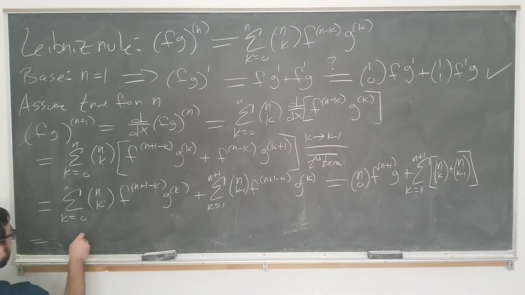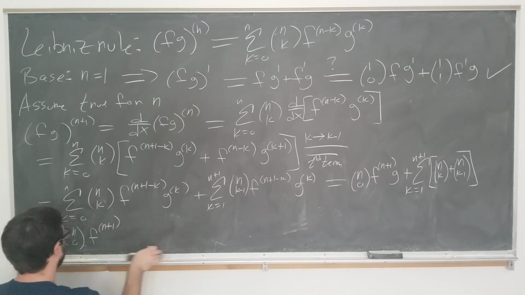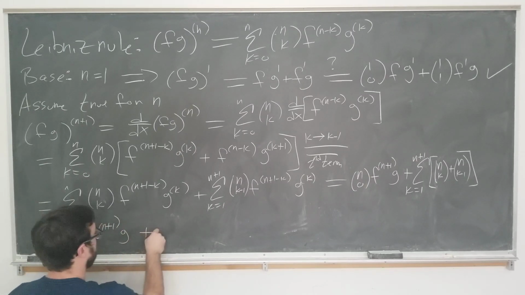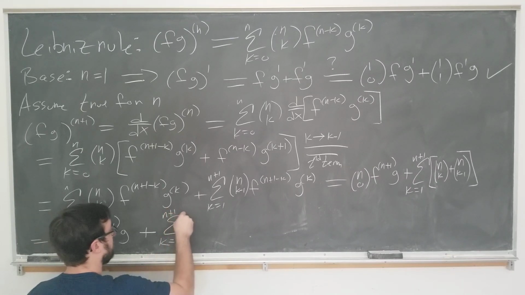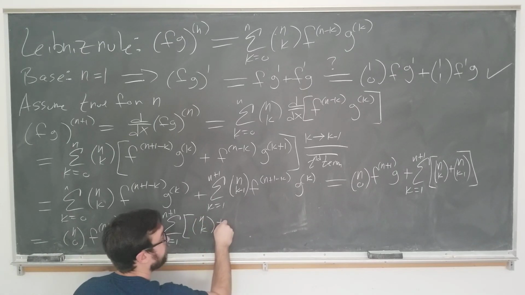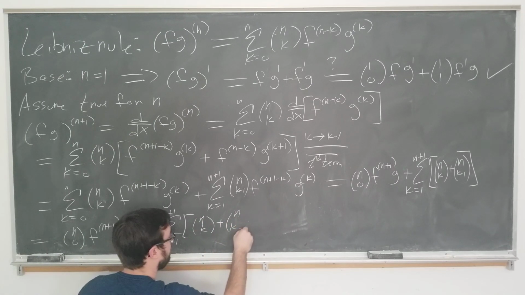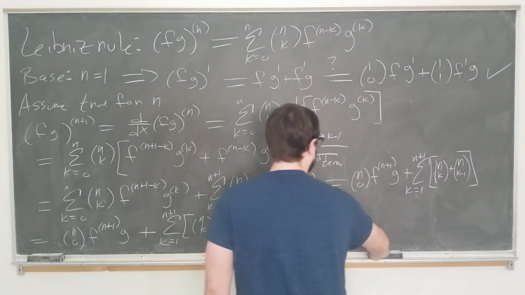Okay. n choose 0, f of n plus 1, g, plus the sum k equals 1 to n plus 1. Now we have n choose k plus n choose k minus 1, the thing that's the same for both terms.